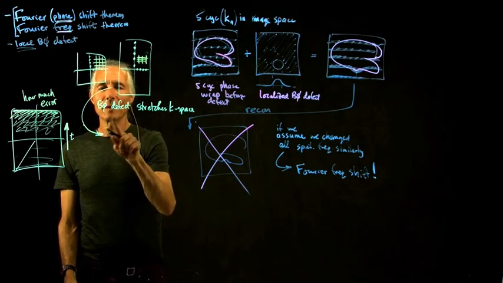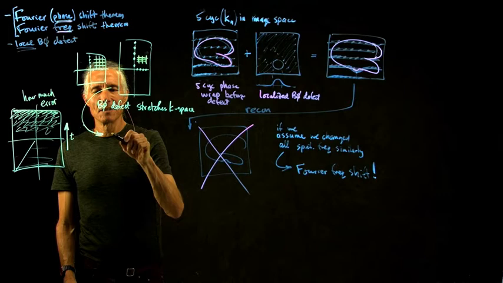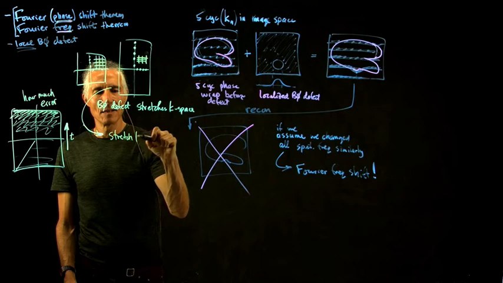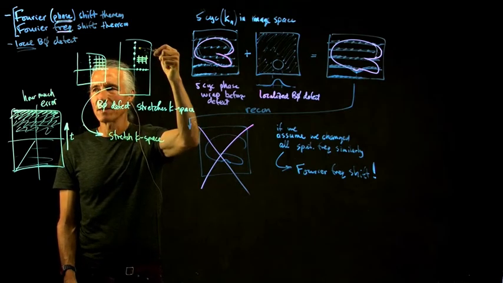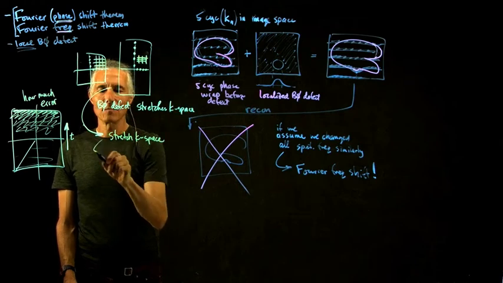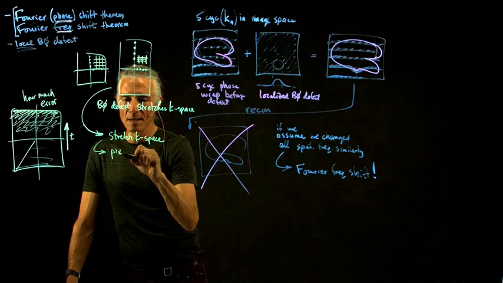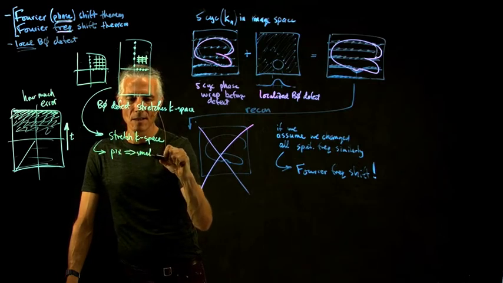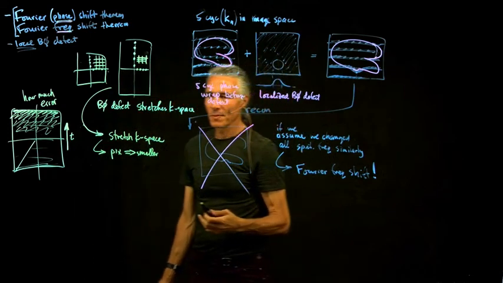So basically we stretch k-space, meaning go to higher spatial frequencies, same number of samples to higher spatial frequencies. What does that do? That causes pixels to get smaller, which also means it shifts them.